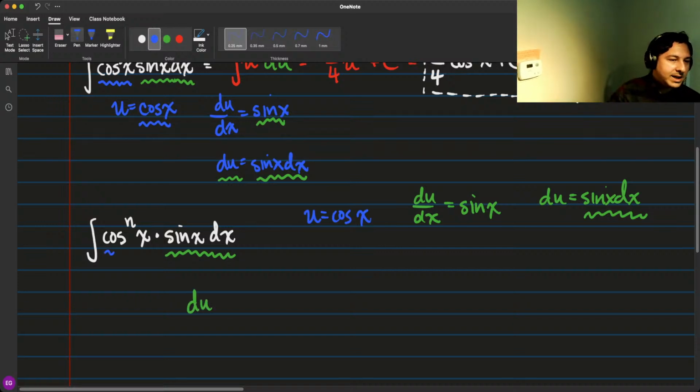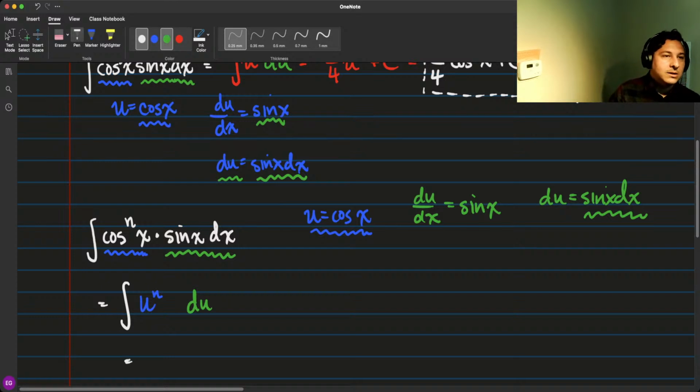And then my cosine to some power is just u to some power, and I know how to integrate u to some power. That is going to be 1 over n plus 1 times u to the n plus 1 plus c.